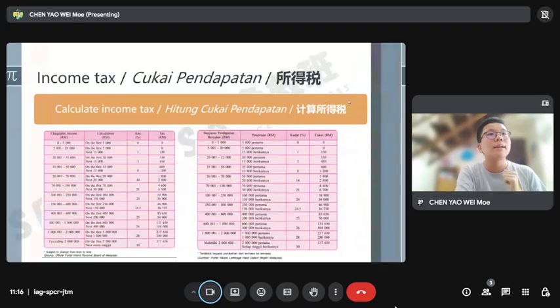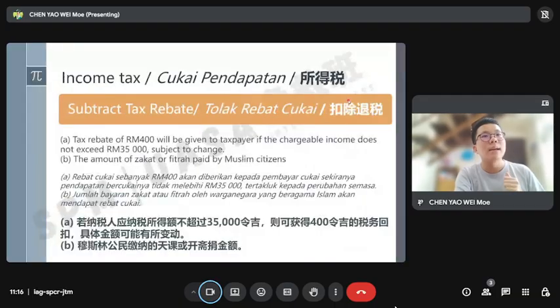If the chargeable income does not exceed 35,000, you have 400 ringgit for tax rebate. And if you are a Muslim citizen and you pay zakat or fitrah, the amount you paid is your tax rebate.